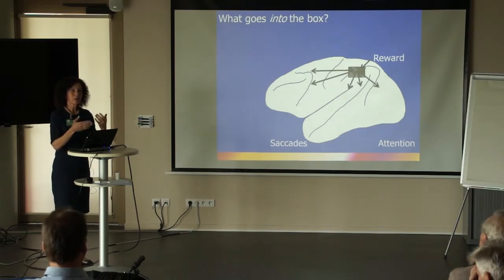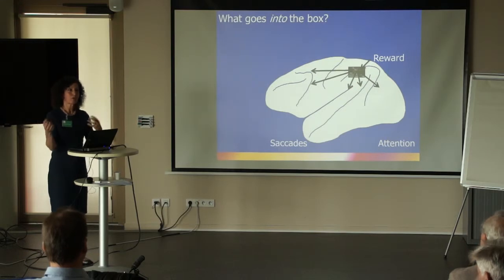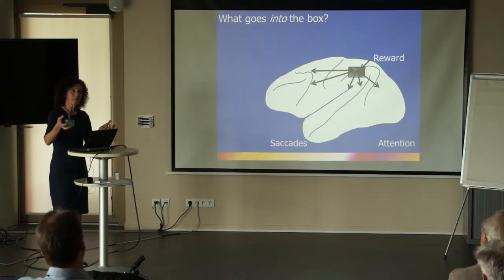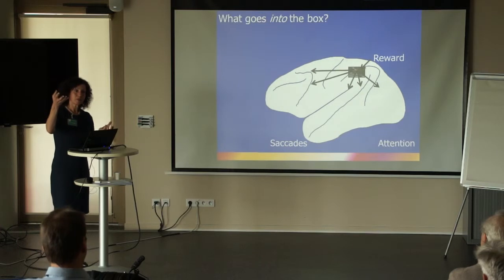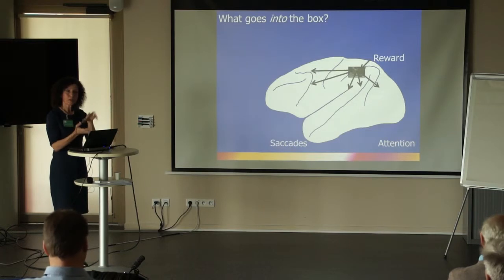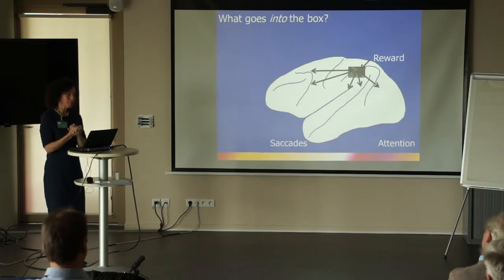And the monkey learns that by making an eye movement to the red stimulus, he has a large reward, and making an eye movement to the green stimulus, he has a small reward. And then you see that the LIP response, when the monkey selects the red stimulus, is much larger. And when he selects the less rewarded stimulus, is much smaller. So the expected reward really shapes that target selection response.